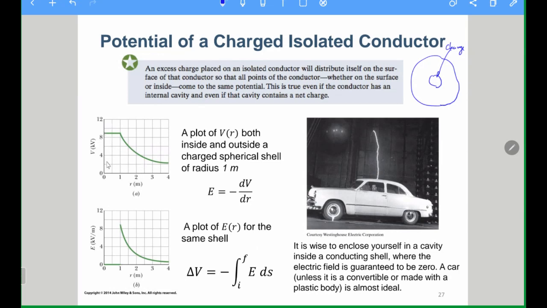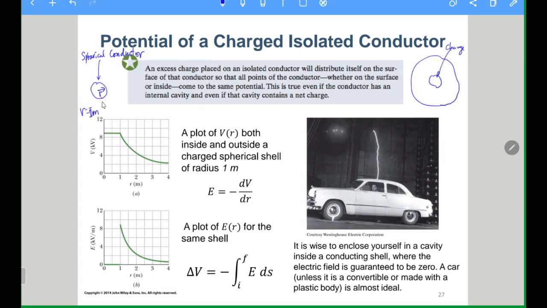So here, consider a spherical conductor. The radius is 1 meter, so R equals 1 meter.